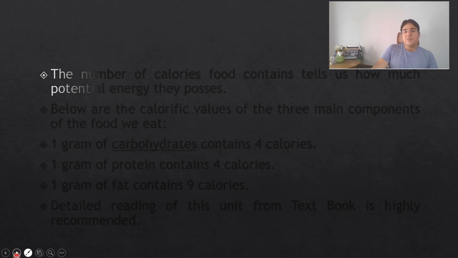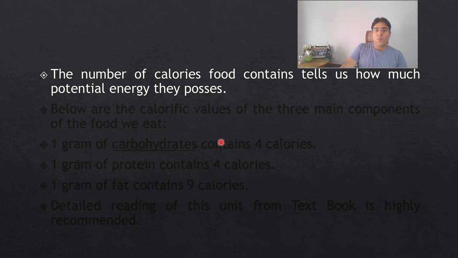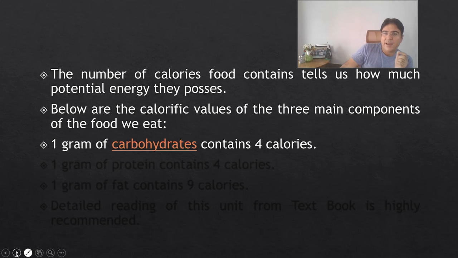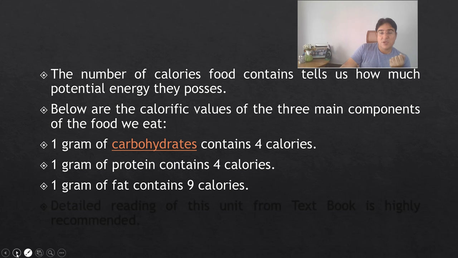So let's go into the detail of how many calories we need, from where we can take them, and how food gives us calories. This chart can help you here. If you take 1 gram of carbohydrate, it gives you 4 calories. 1 gram of protein gives you 4 calories, and 1 gram of fat gives you 9 calories. So let me explain.